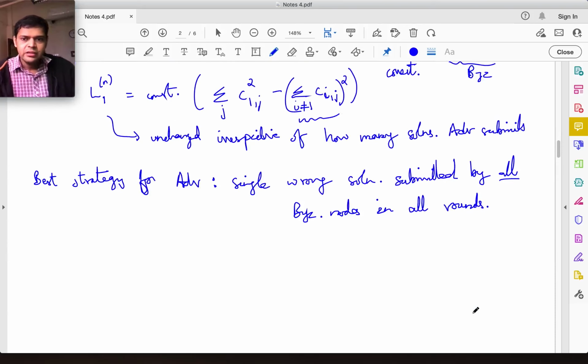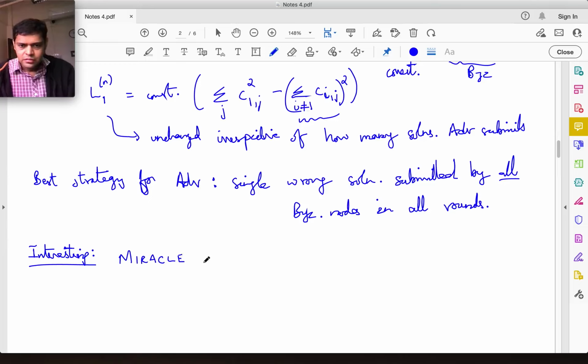So the interesting thing that we note here, so for multiple solutions actually we don't know and we don't think that Miracle is optimal, but Miracle is optimal for a single Byzantine solution.